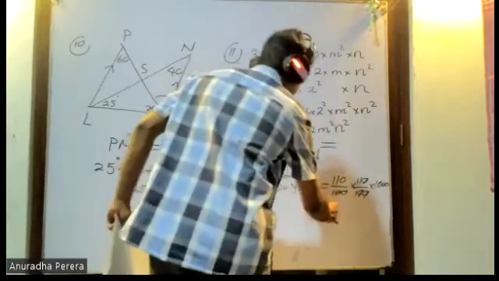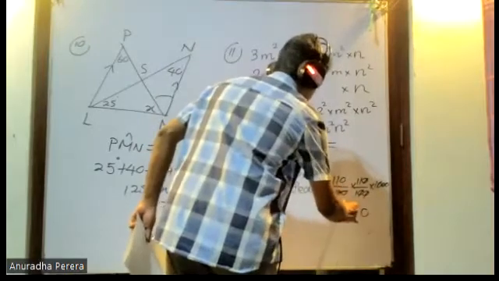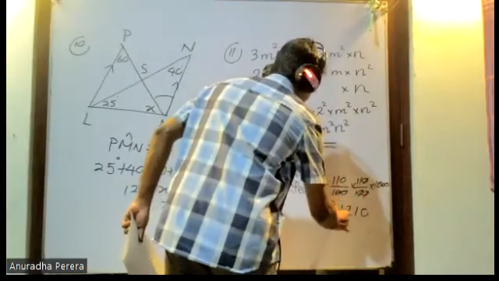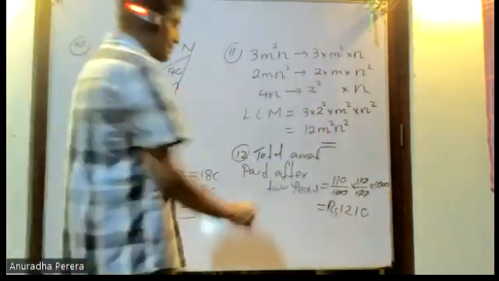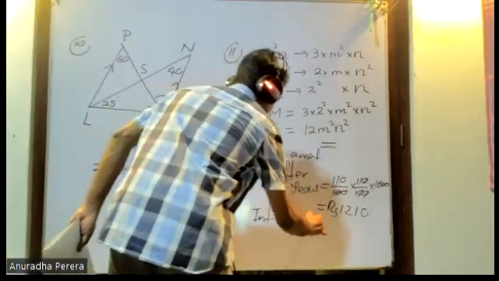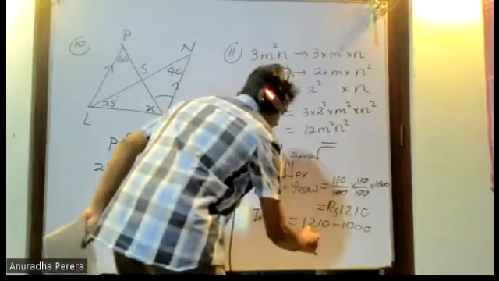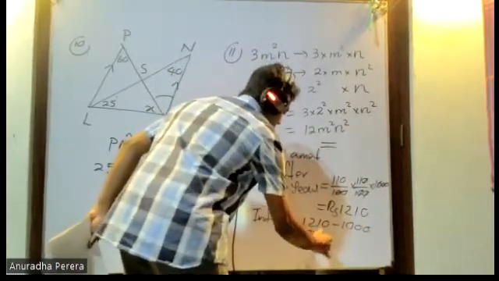The answer is 1,210, but we need the interest. So the loan amount is 1,000. To find the total interest, subtract the loan amount from the total amount: 210 rupees.